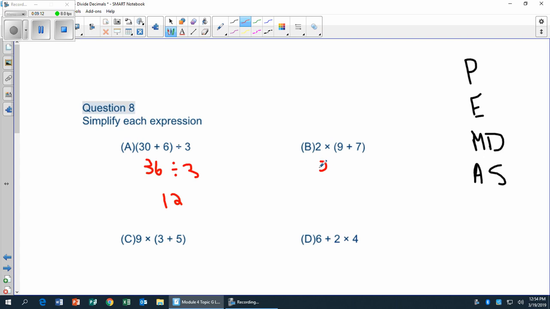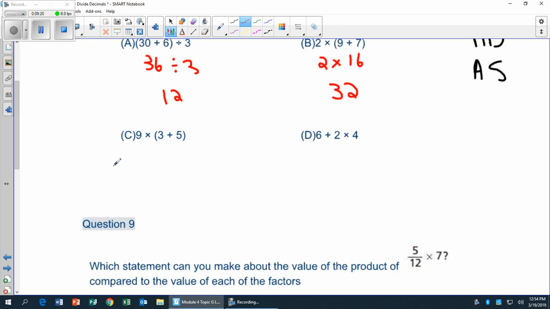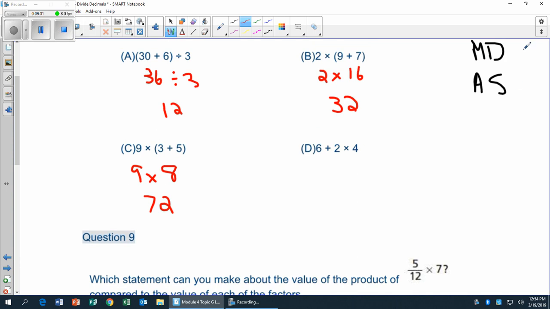On this one we have 2 times 16, which is 32. And over here we have 9 times 8, which is 72. And over here when we have PEMDAS, we see that we multiply first. So we're going to do 6 plus 8, and then that's 14.